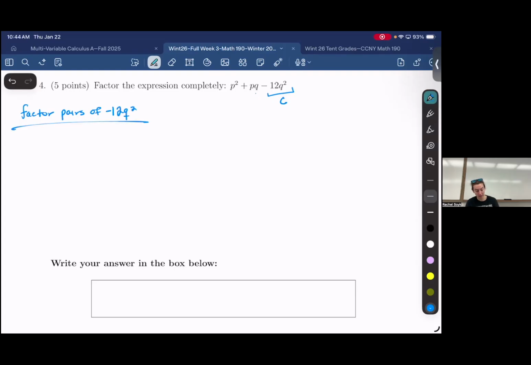Your B is Q. So B is equal to 1Q. And then your C is equal to negative 12Q squared. And your A is just equal to 1.